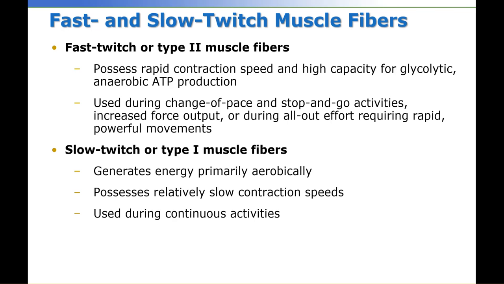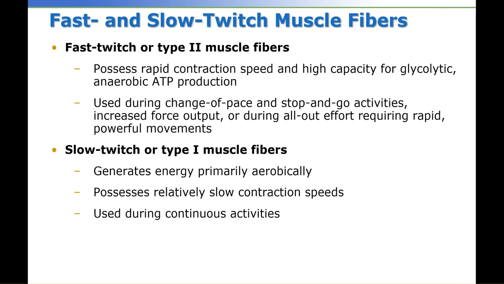And these possess rapid contraction speeds and high capacity for glycolytic anaerobic ATP production. These are used during change of pace, stop and go activities, increased force output, or during all-out effort requiring rapid, powerful movements. And then there's slow twitch or type 1 muscle fibers that generate energy primarily aerobically, possess relatively slow contraction speeds, and are used during continuous activities.